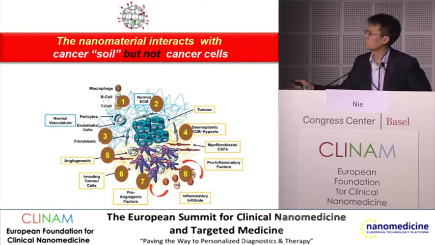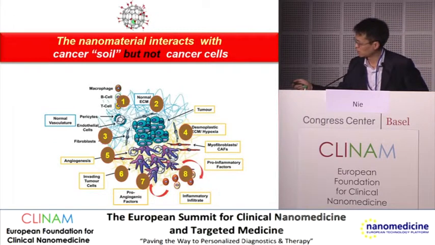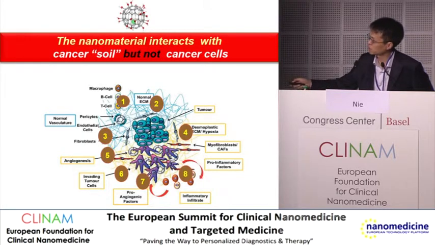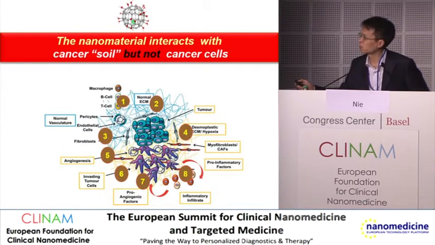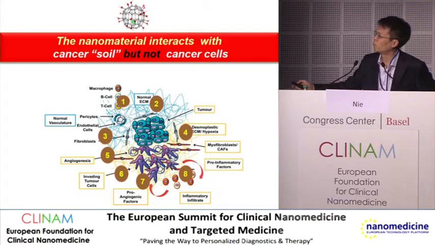Again, this scheme shows that other than tumor cells, whether benign or malignant, they also have a surrounding microenvironment. According to current knowledge, both the stromal cells and the non-cell components can dramatically interact with tumor cells to cultivate them.